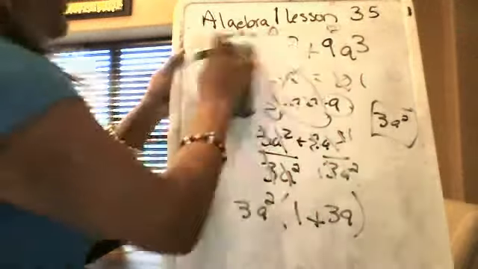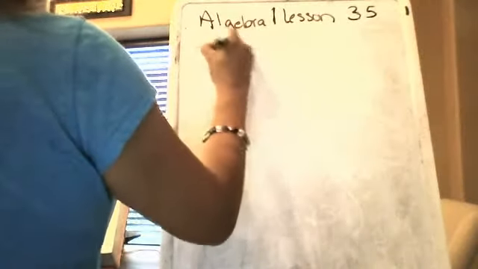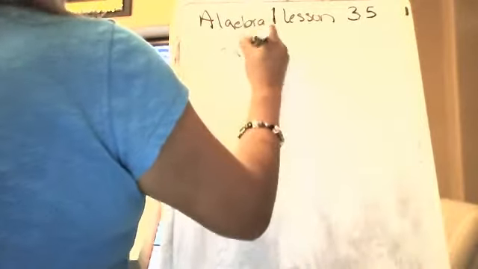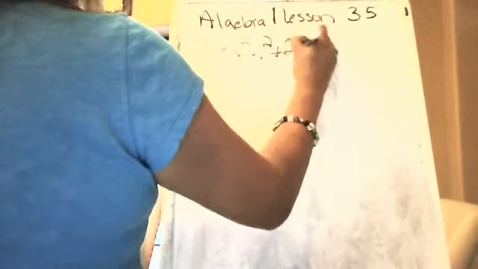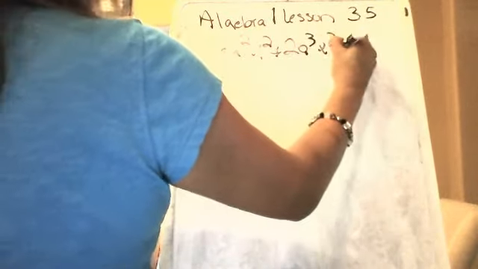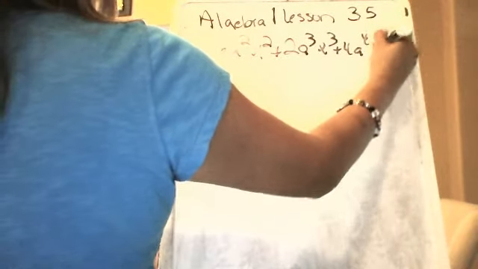So let's look at one that's a little bit more difficult. The first thing you have to do is get the greatest common factor. So let's look at 6a squared x squared plus 2a cubed x cubed plus 4a to the 4th x cubed.